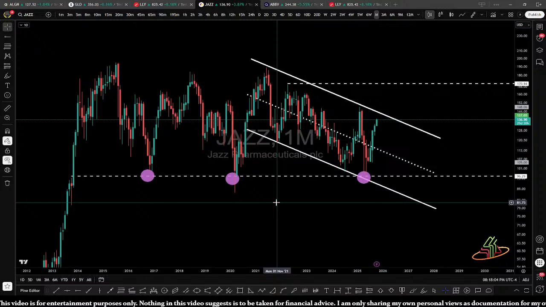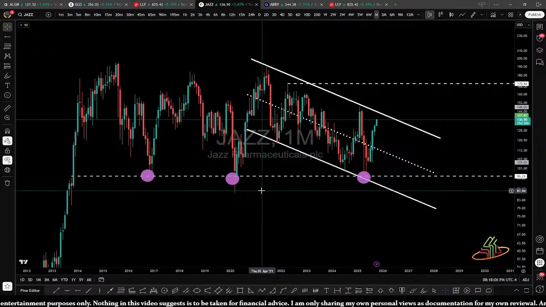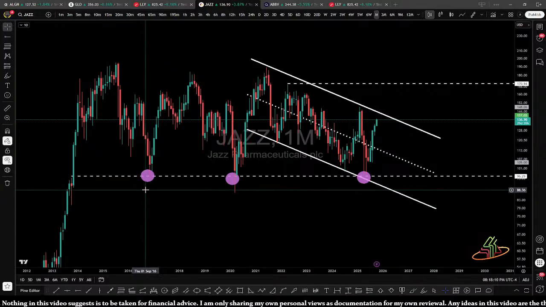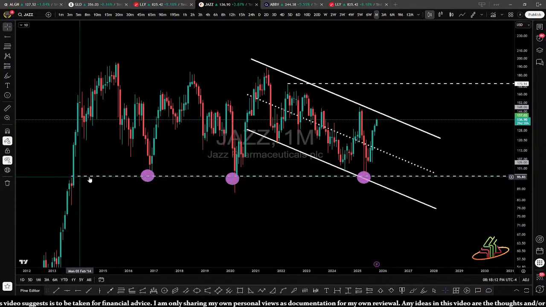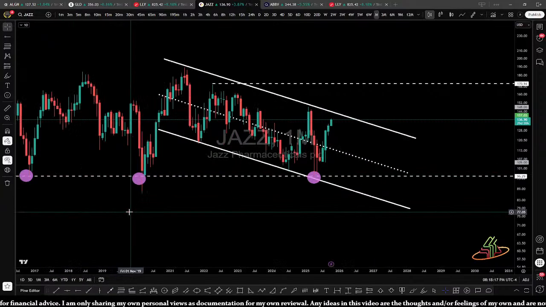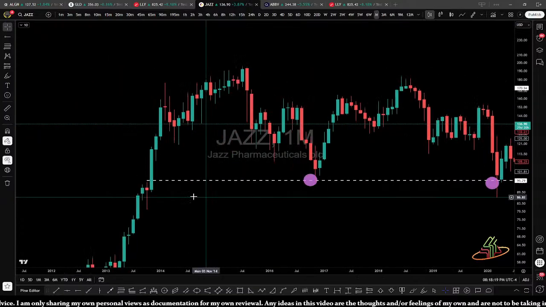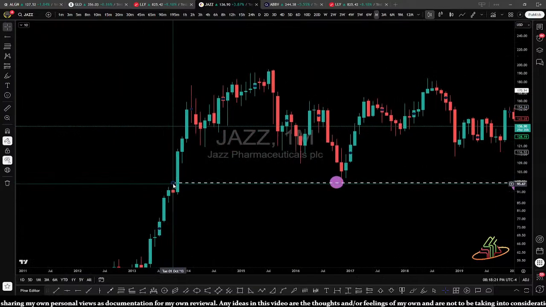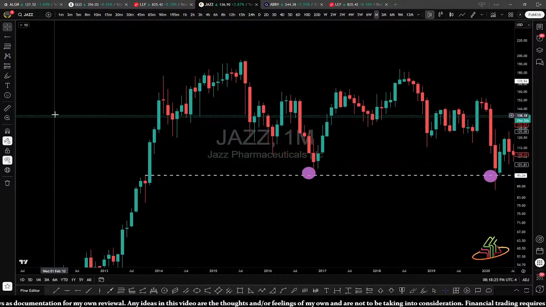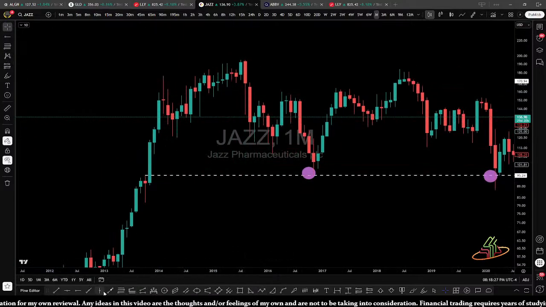Now the next part of this is setting alerts, right? Because this is an ongoing story. This trend line right here, once we broke this, right? So these are market structures. I'm just using this as an example, but you can do this on any ticker.